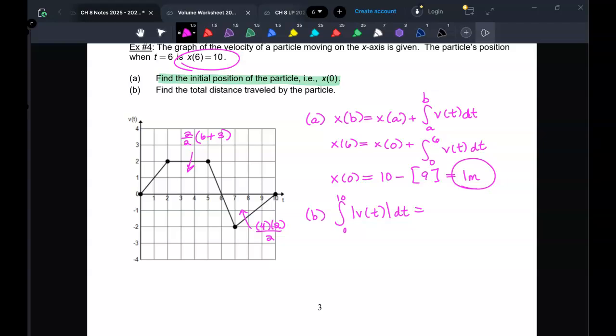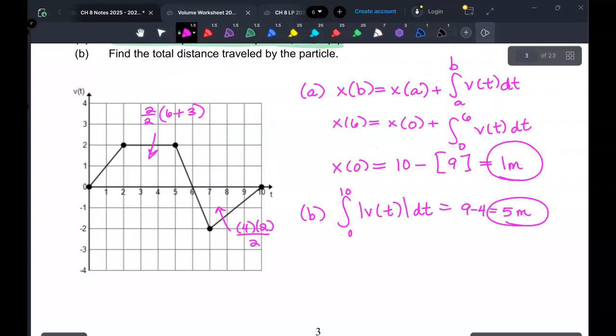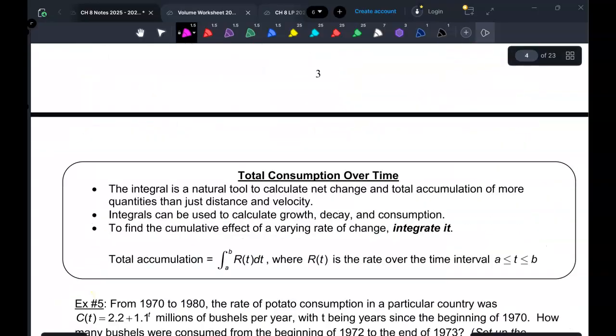Okay, I see. So it's 9 minus 4. That was 13.